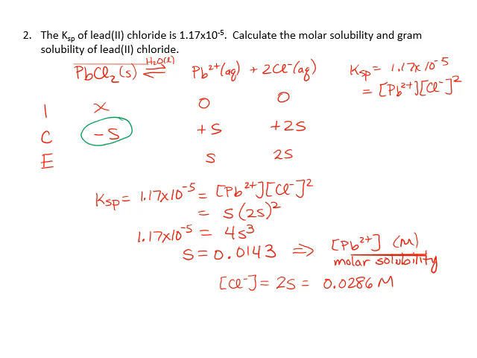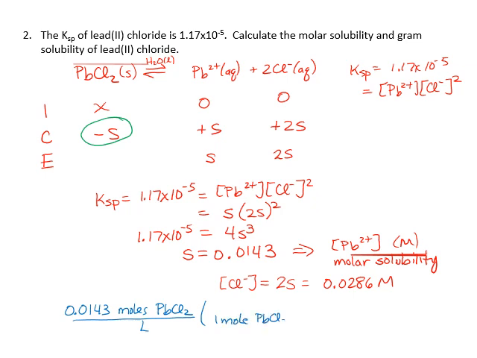We were also asked to find the gram solubility of lead 2 chloride. We can get the gram solubility from the molar solubility. So we had 0.0143 moles of lead 2 chloride per liter of solution as our molar solubility.